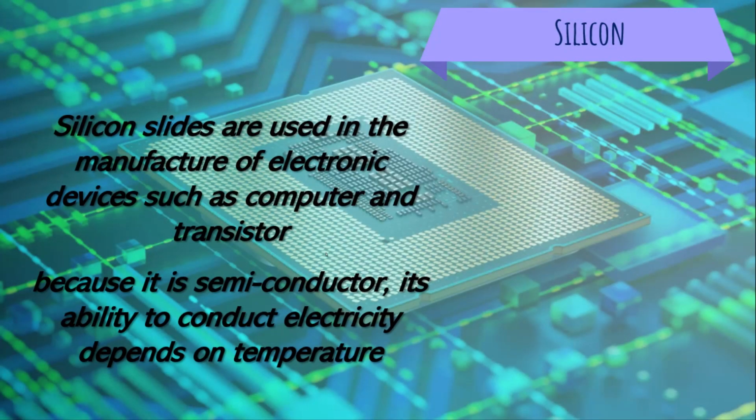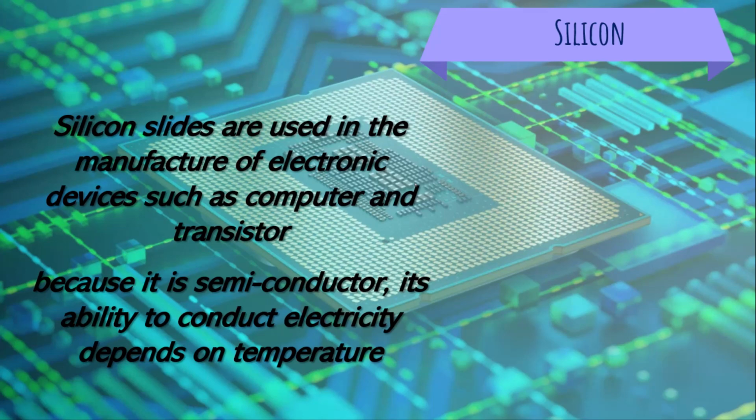The silicon, we use silicon to make the CPUs or the transistors in electronic devices, such as mobile phones, and CPUs in computers and laptops. And that's because the conductivity of silicon depends on its temperature. So sometimes when you use your phone or laptop and it gets too hot, it actually shuts down, because when the temperature of silicon is low, the silicon acts as a conductor of electricity and the electrons flow through it.